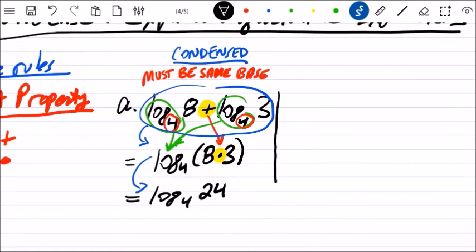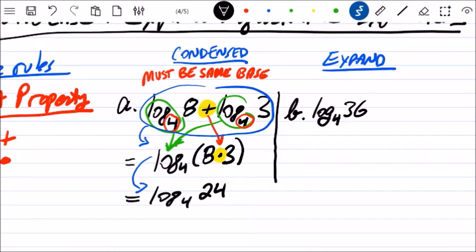Now let's do one where we expand. For B, I'm going to do log base 4 of the number 36.